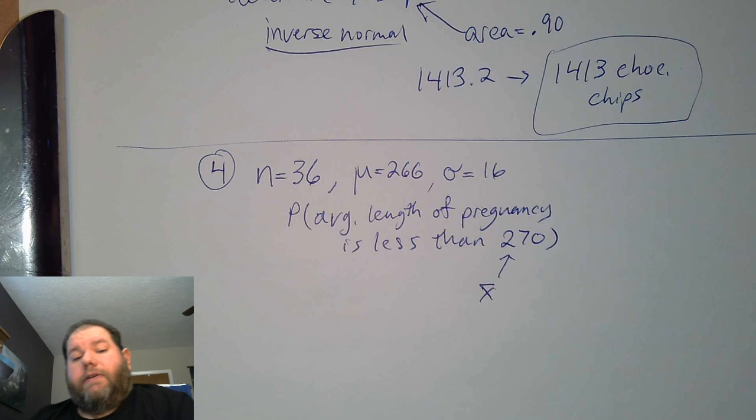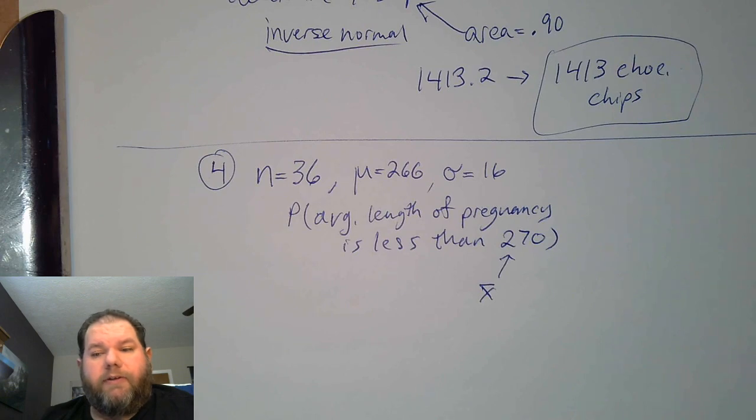Now in this case, our value given in the probability statement is x bar, because we're not just finding a data value, we're finding the probability of a certain data value being an outcome. We're looking at the mean for the sample, which is x bar. So what is the probability that the sample mean is less than 270? Well, we'll use x bar equals 270 in this case.